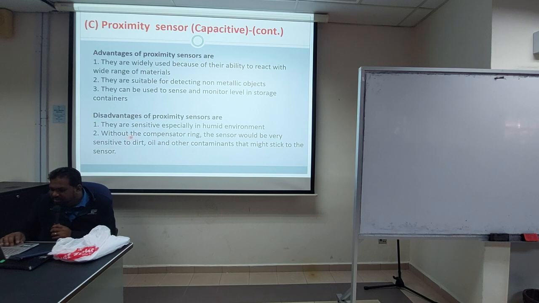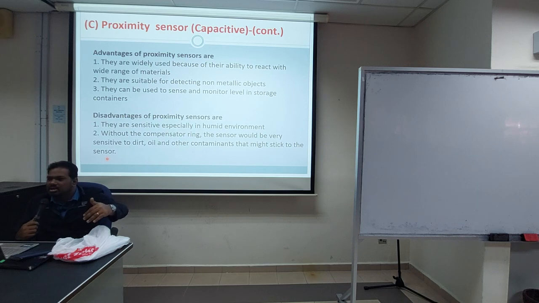Okay, so without the compensator ring, the sensor will be sensitive to dirt, oil and other contaminants that might stick on the sensor. So yang apa yang kacau, so you kena ada protection layer. Kalau tak, environment dia tiba-tiba dia kotor, dia pergi stuck dekat sana, so sensor selalunya on.